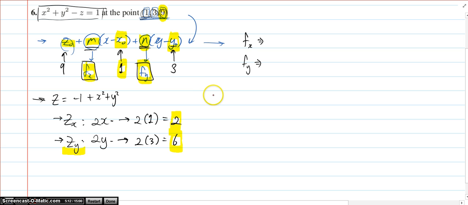So we get f(x, y) equals z0, which is 9, plus m, which equals 2, times (x minus x0, which is 1), plus n, which equals 6, times (y minus y0, which equals 3).